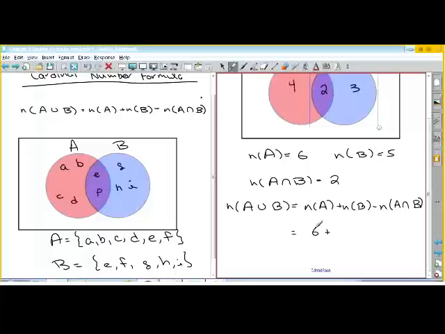So I have all the stuff on the right-hand side, so I take 6 plus 5 minus 2 is 9. So that says that if I did the union of those two sets, that I should get 9.